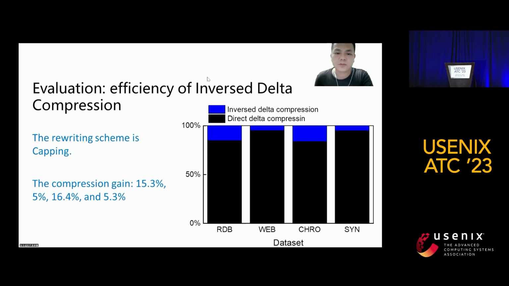This figure illustrates the proportion of the compression ratio achieved by direct and inverse data compression on the 4 datasets. The results indicate that the compression ratio achieved by inverse data compression accounts for up to 16.4% of the compression ratio achieved by both direct and inverse data compression on the 4 datasets.